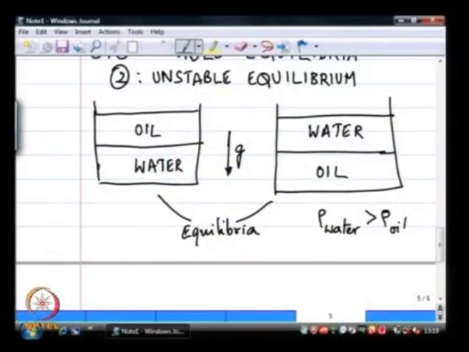But if I was to take this beaker of oil and water and give it a slight impulse, just give it a slight jerk, when the oil is on water, the oil and the water meniscus both sort of undergo some oscillations, but essentially come to rest in the same configuration. Whereas, when you take water on top of oil and you give it a slight jerk, over time the water would come down and the oil would go up.